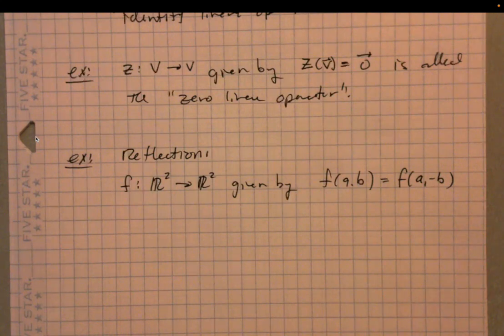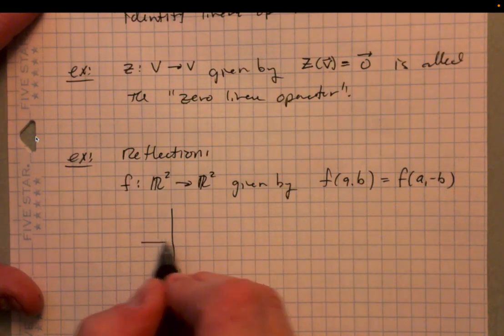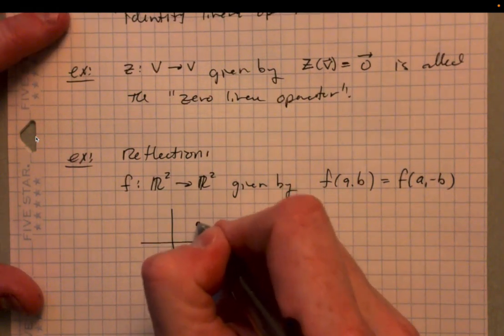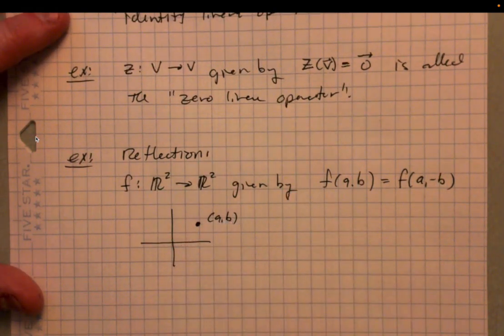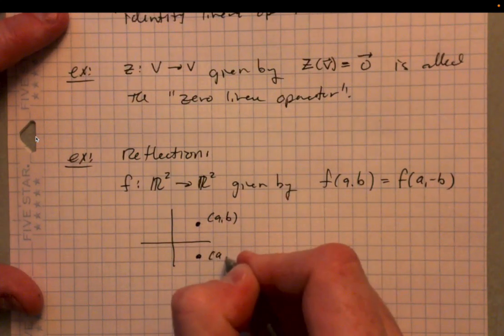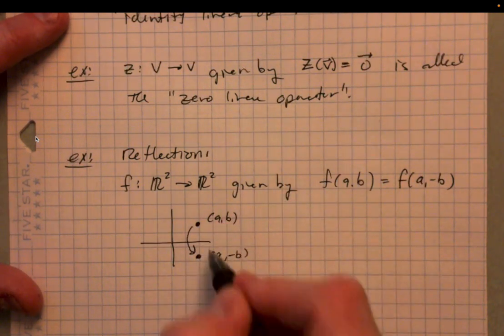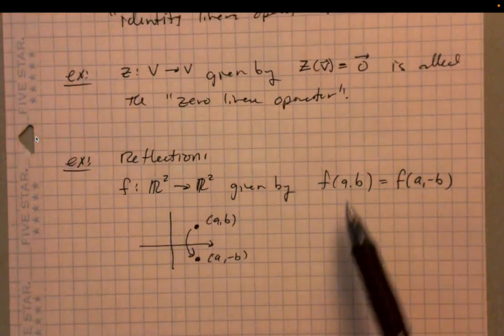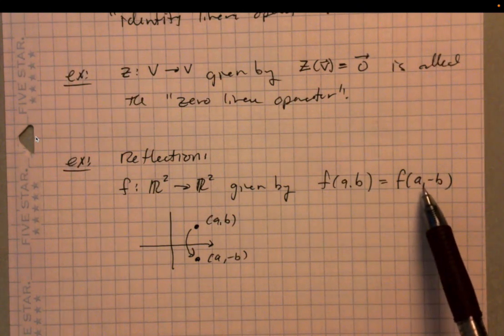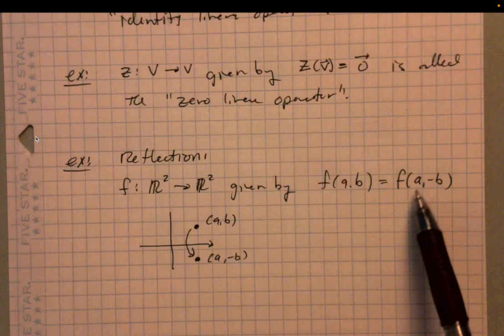This reflects the vector (a, b) across the x-axis, right? So if I have my plane and (a, b) is up here, well, where's (a, negative b)? It's down here. So it reflects across the x-axis. You could also set up a reflection across the y-axis by making f of (a, b) equal (negative a, b).